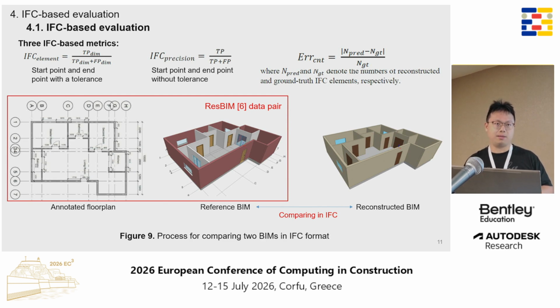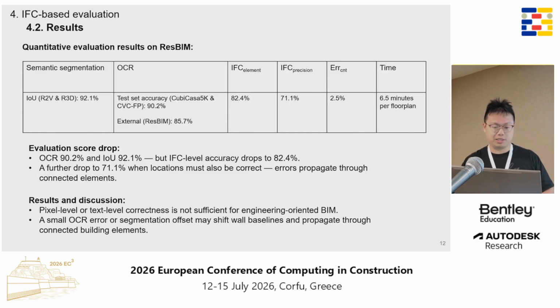RESPIM is an open dataset which contains more than 1,000 BIM models and the corresponding floor plans. I use my method to get the resulting beams and compare them with the reference beams in these three metrics. And this is the quantitative result.